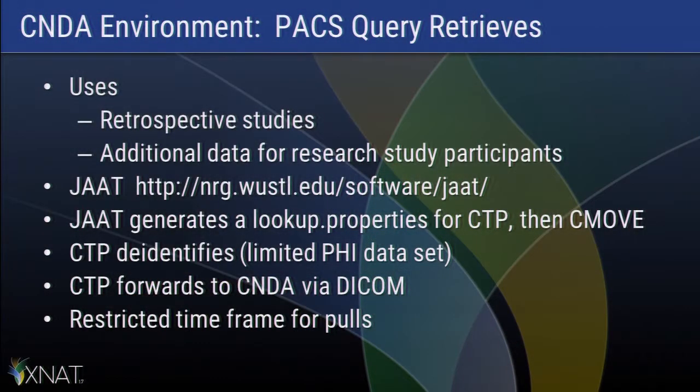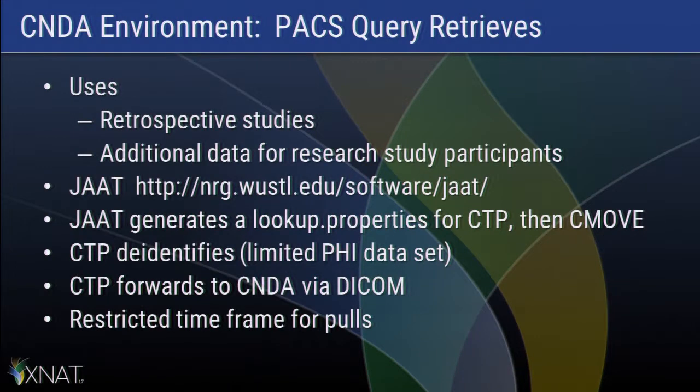And then every night between 7 and 11:30, because that is when we are allowed to do this against the PACS, otherwise they get mad at us, we turn this thing on and it will just recurse through our spreadsheet, make these queries to the PACS. If it gets anything back, if you're familiar with CTP, there's a remapping feature in a file called lookup.properties, and it will take that recoding or remapping information, put it in the lookup.properties, and then it will do the CMove, and it'll send it over to the CTP, where the data gets recoded and de-identified to a point, with sort of a limited PHI data set.